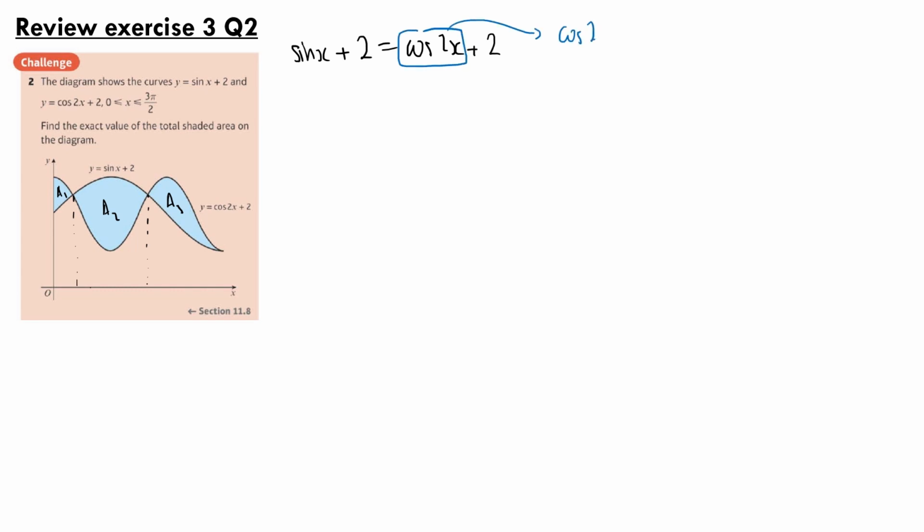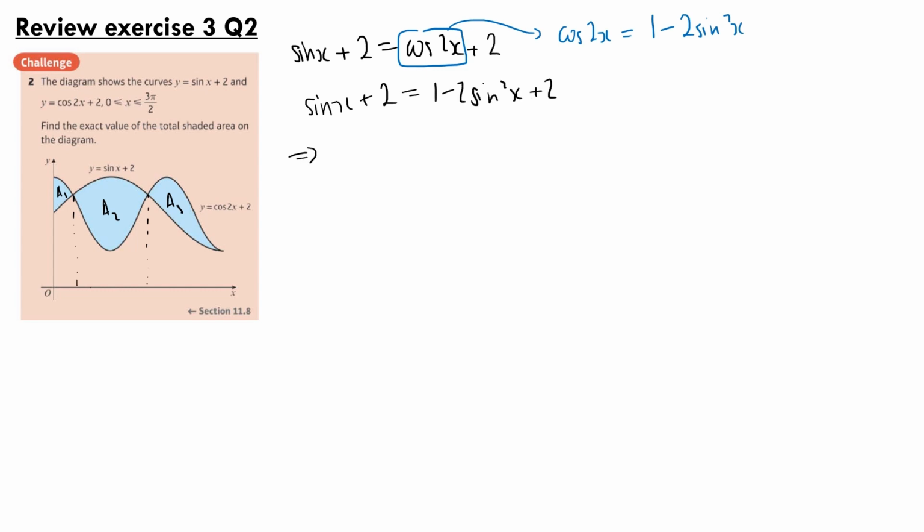Cos of 2x is equal to 1 minus 2 sine squared x. If we choose this one over 2 cos squared x minus 1, we can form a quadratic in sine of x. So we have sine of x plus 2 is equal to 1 minus 2 sine squared x plus 2.